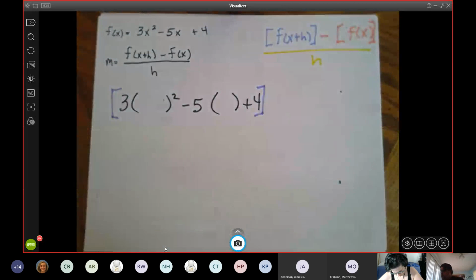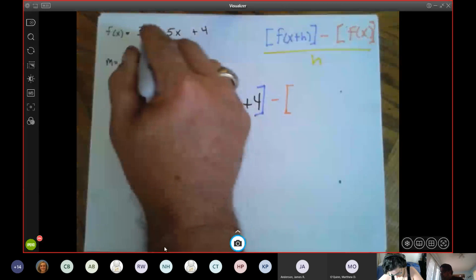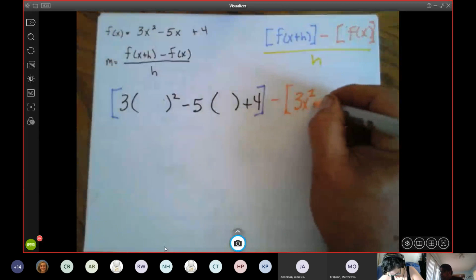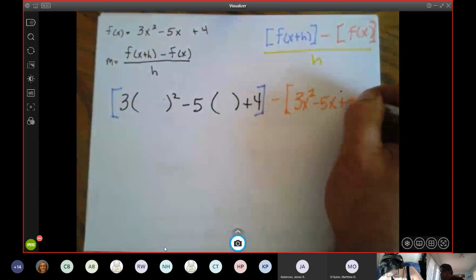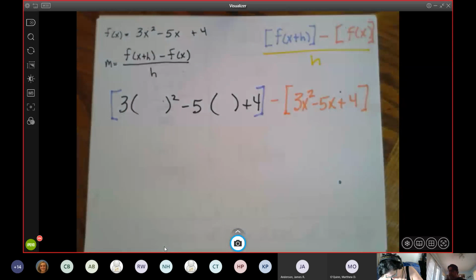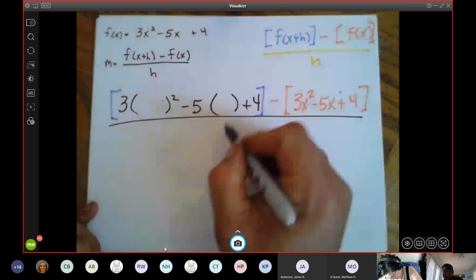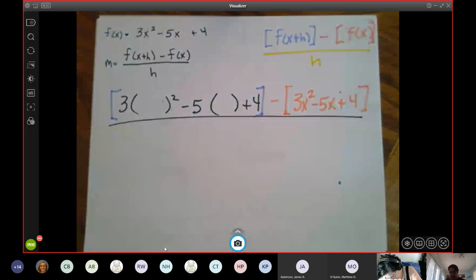Minus, and just rewrite f of x, 3x squared minus 5x plus 4. All that over h, and that's going to be yellow.